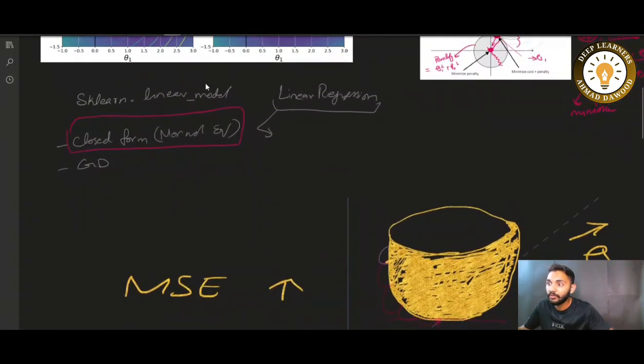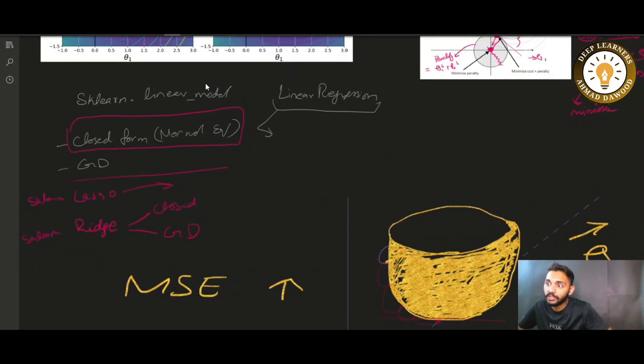But when we implement ridge regularization from sklearn and lasso from sklearn, ridge has both options. It is up to us whether we want to use the closed form solution or gradient descent.